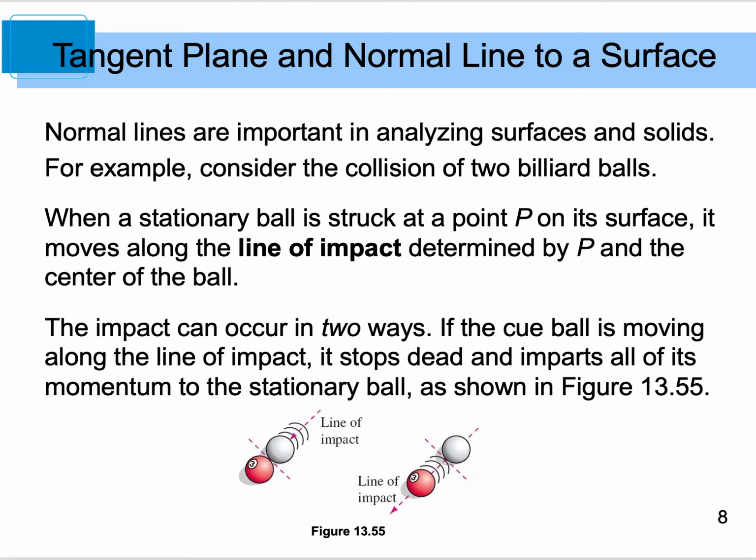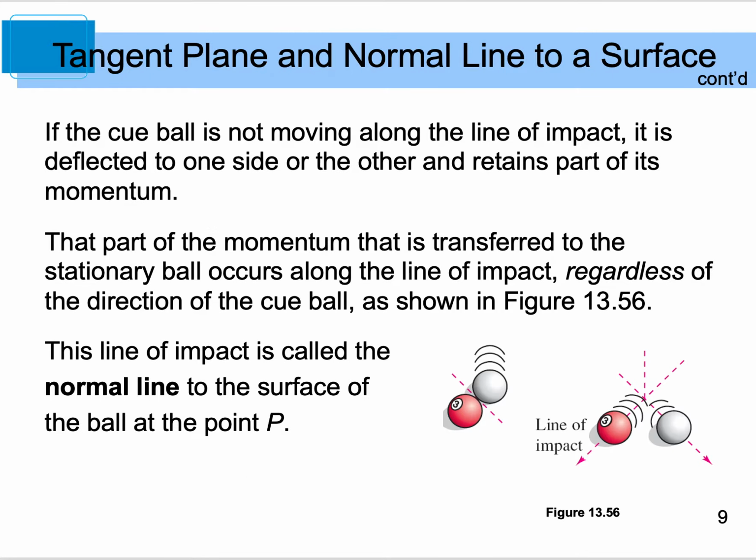The impact can occur one of two ways. If the cue ball is moving along the ideal line of impact, then it's going to transfer its momentum to the stationary object. But if it's not a great trajectory, the object is going to stay stationary. So those are generally the two outcomes.